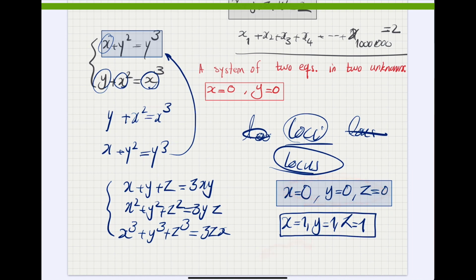So of course it seems that I have 2 islands, but if I am in this island, I have to unfortunately live there until the end of my life, and if I am here, I have to be there until the end of my life. So even though I have 2 solutions, still I see that I do not have any degrees of freedom. If I am here, I am frozen here. If I am here, I am frozen here. So I would say that you need to extend these ideas a little bit to appreciate this.